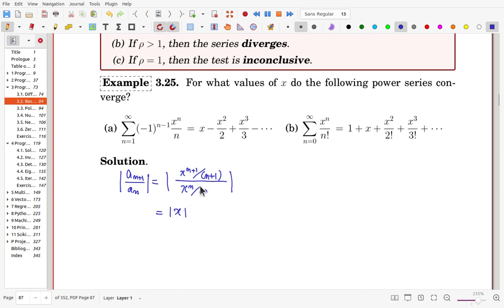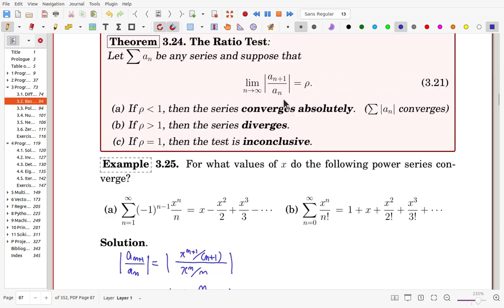Now n is growing, so along with these two terms, we have n+1 on the bottom. As n approaches infinity, this term will converge to 1, so that eventually the whole thing will approach the absolute value of x. So that is rho in this theorem.